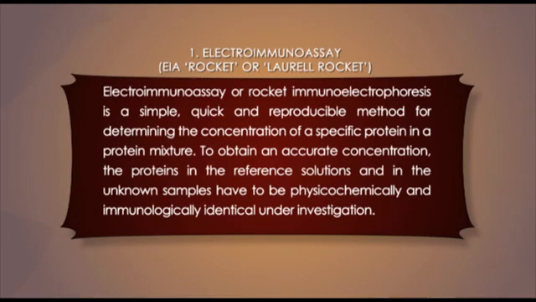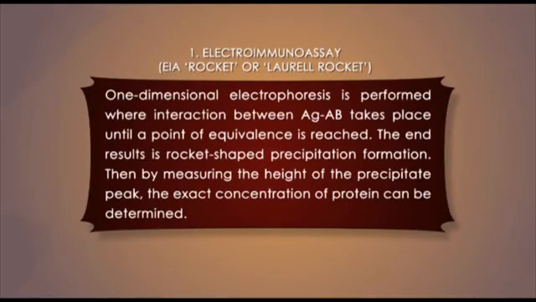The samples to be compared are applied in wells punched out of an agarose gel containing the corresponding monospecific antibody. One-dimensional electrophoresis is performed, where interaction between antigen and antibody takes place until a point of equivalence is reached. The end result is a rocket-shaped precipitation formation. Then, by measuring the height of the precipitate peak, the exact concentration of protein can be determined.